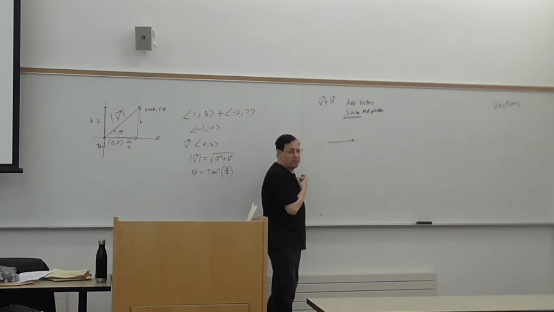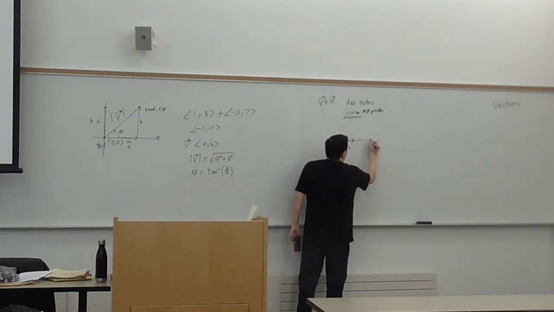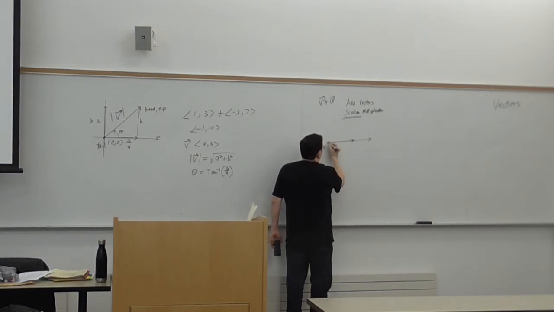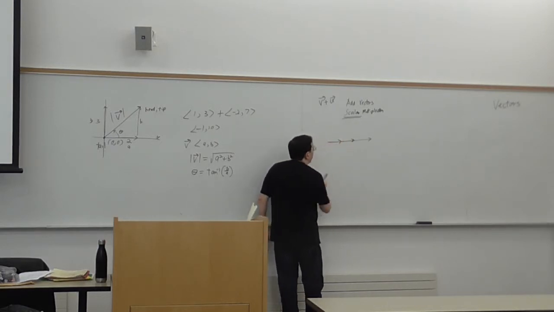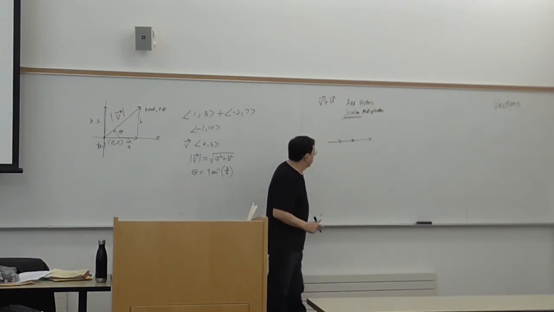If I multiply it by a positive value, it's going to stretch the vector out or maybe squeeze it down. If the number is less than 1, it shrinks it; if it's greater than 1, it'll increase it.